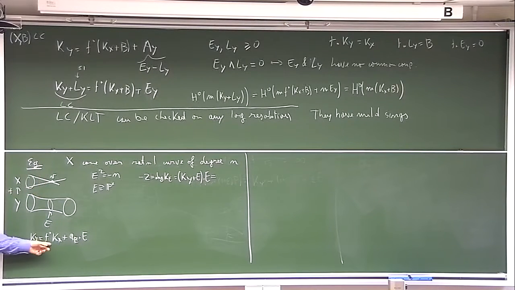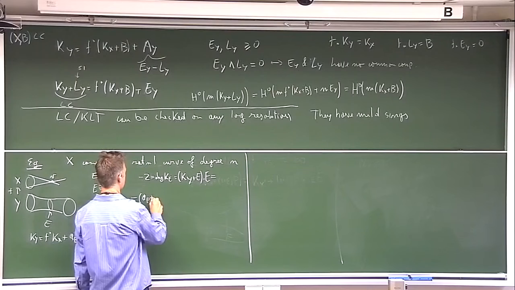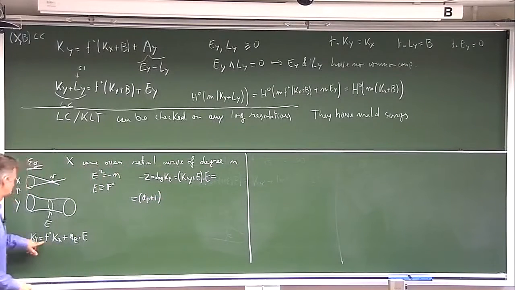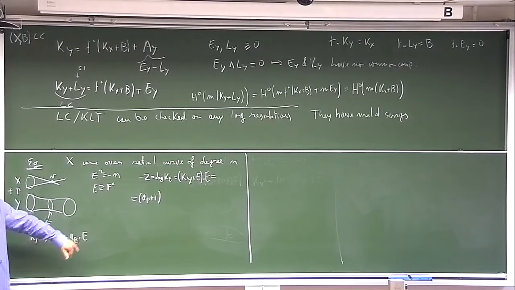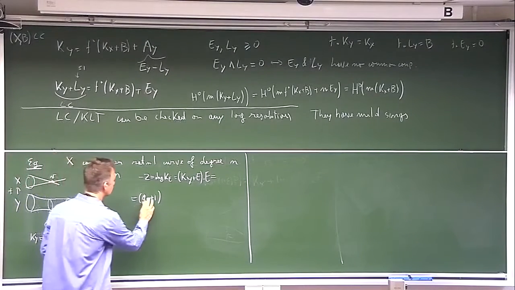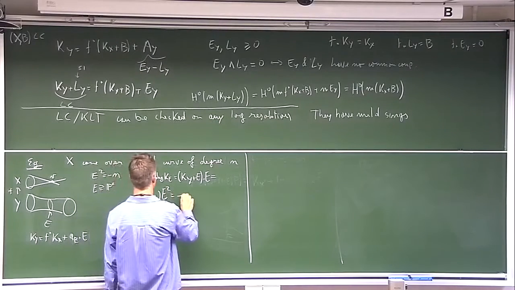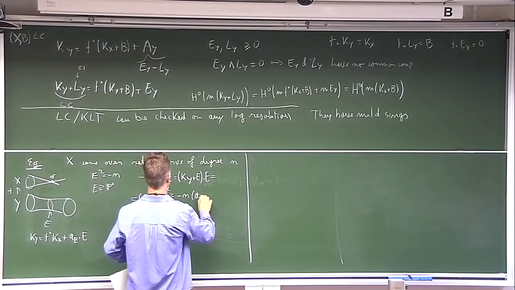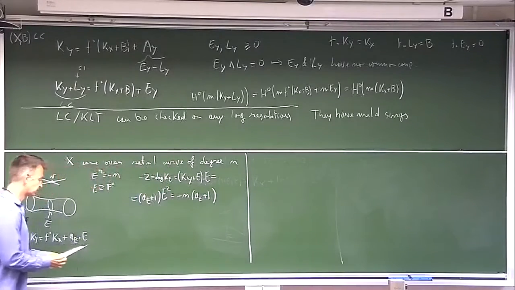And the pullback of K of X will intersect E trivially. So in terms of intersecting with E, this is moot, so you just get a of E plus 1 times E squared, so it's going to be minus n times a of E plus 1, as long as I didn't make any stupid computation mistakes.